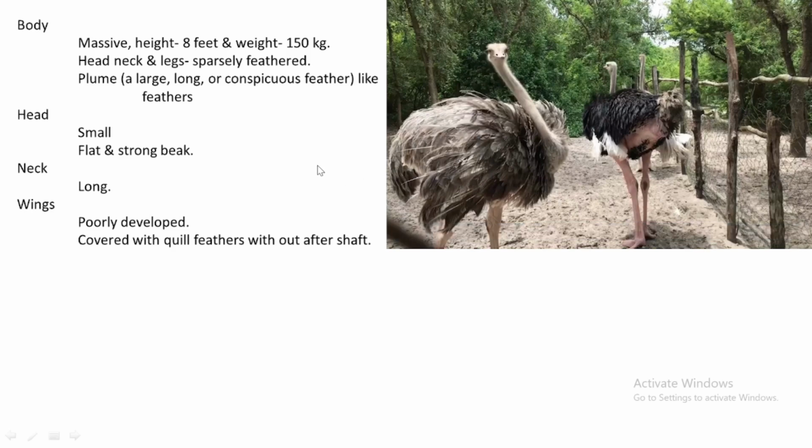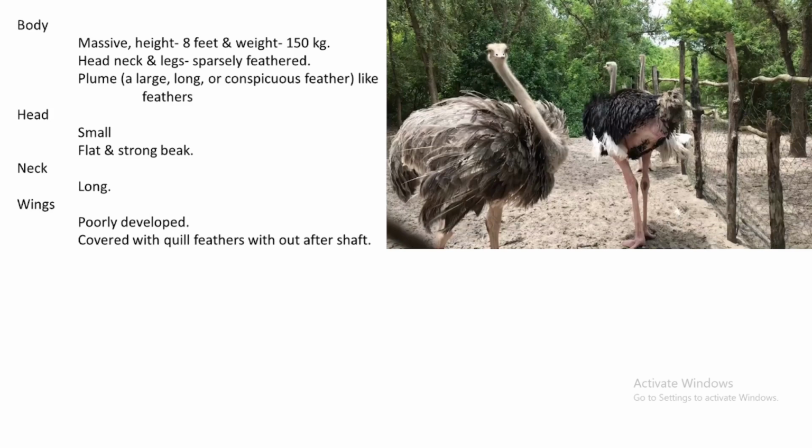But for a slight understanding, I will just draw what that after shaft is. Usually this is the structure of a common feather, and at the base there are some soft hairs, and those soft hairs are called the after shaft.